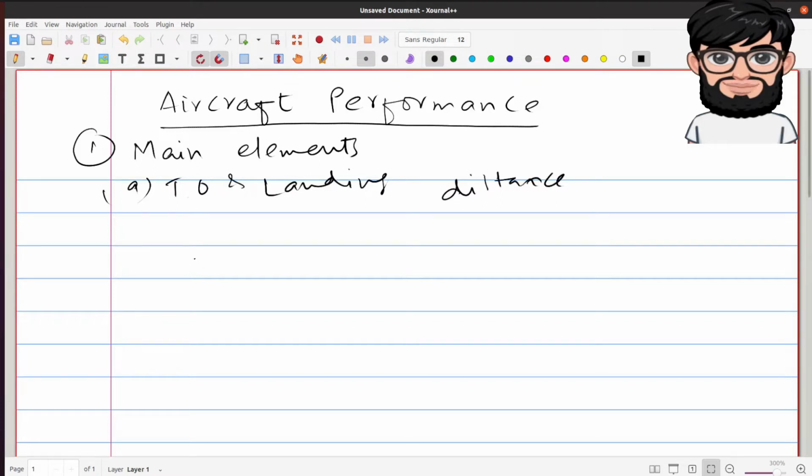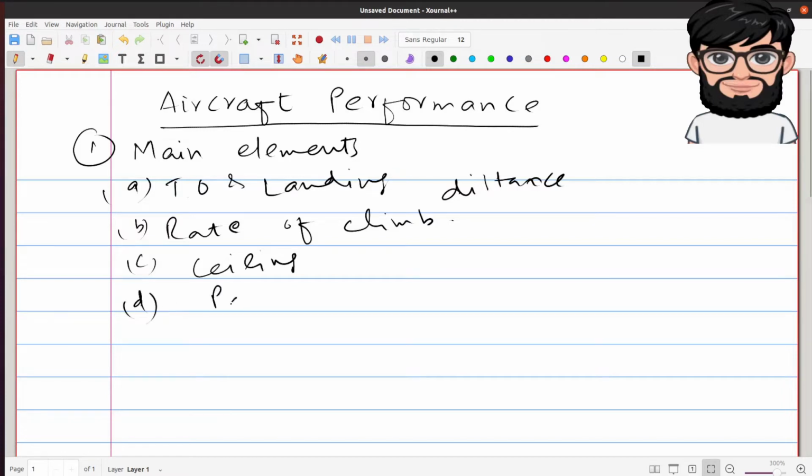Then we have the rate of climb. Then we've got the ceiling. Then we have payload. Then we have range. We have speed.